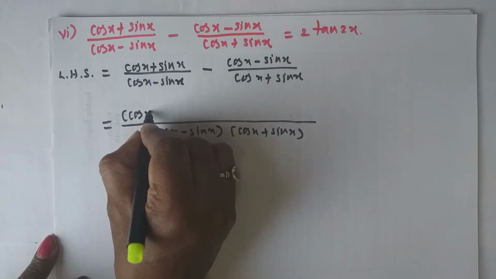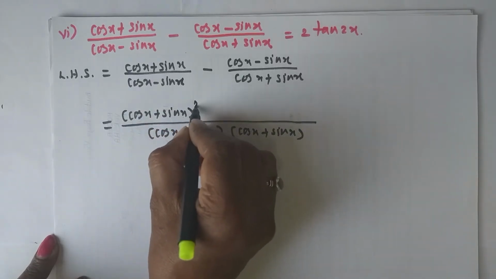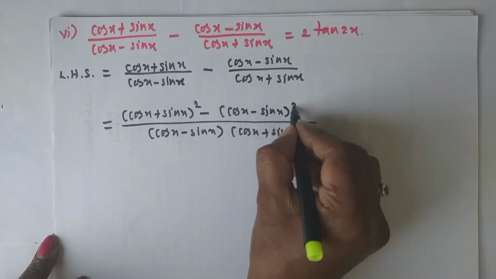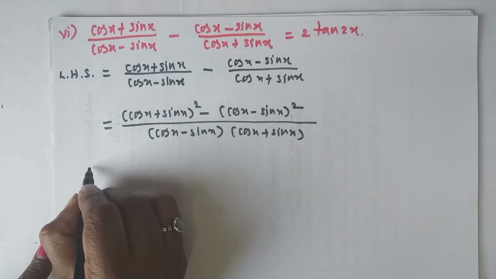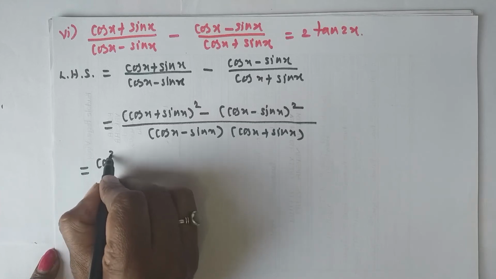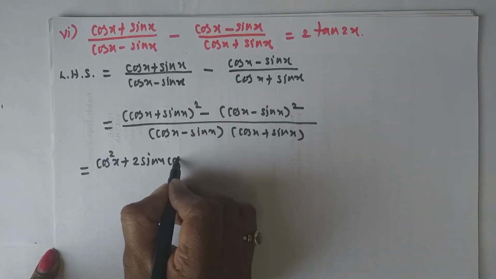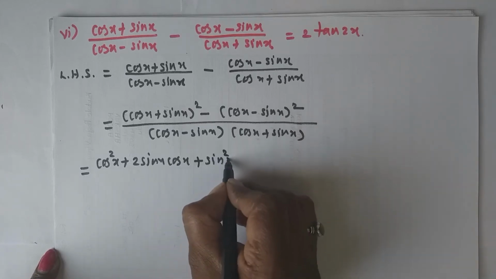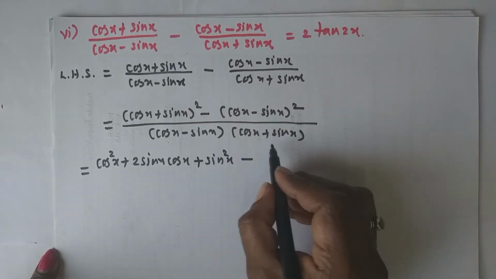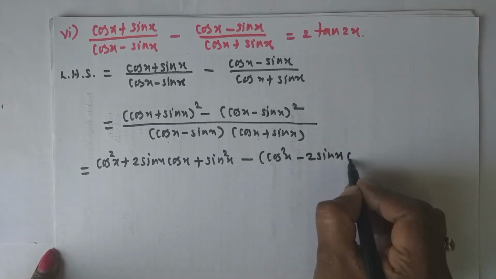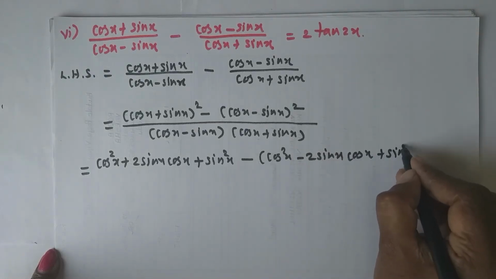Now take the cross multiplication. This will be cos x plus sin x whole square minus cos x minus sin x whole square. Now expand the brackets. This will be cos square x plus 2 times sin x cos x plus sin square x, and expand the second bracket: cos square x minus 2 times sin x cos x plus sin square x.